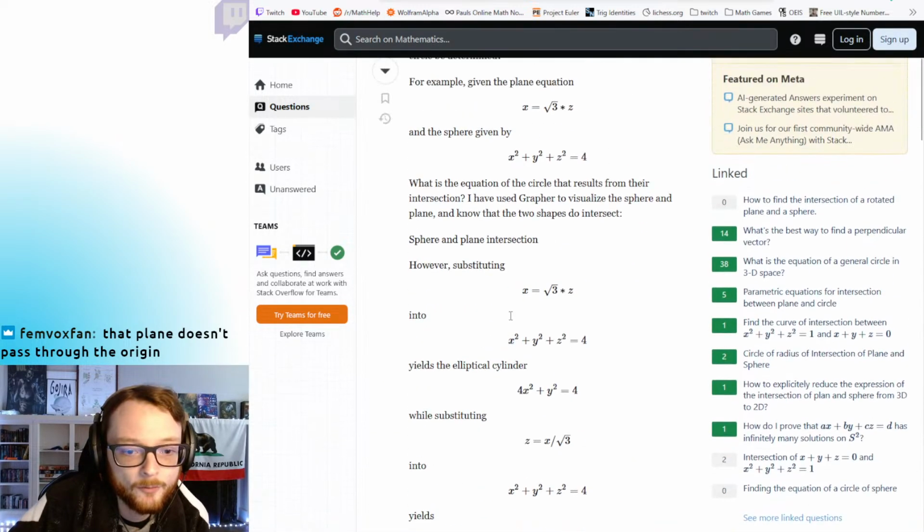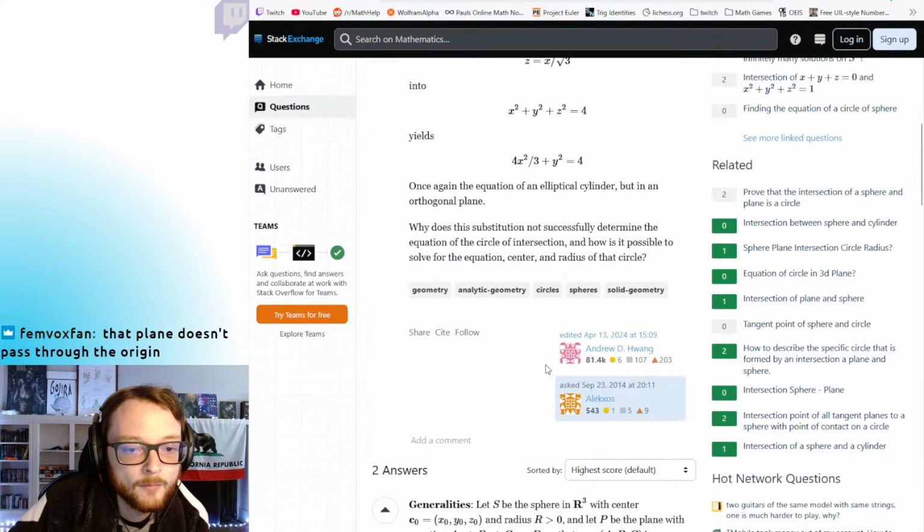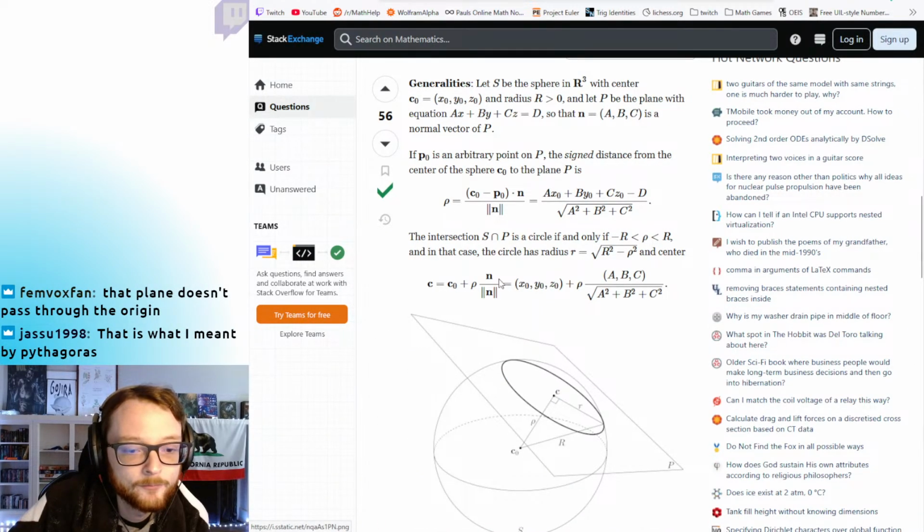I think the plane in this example does. I don't know. That's what you meant by Pythagoras? Okay.